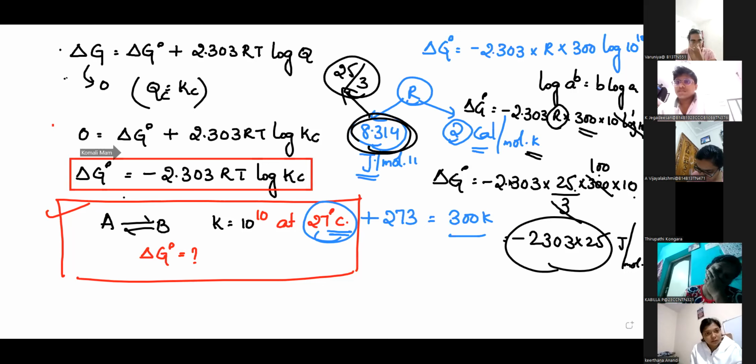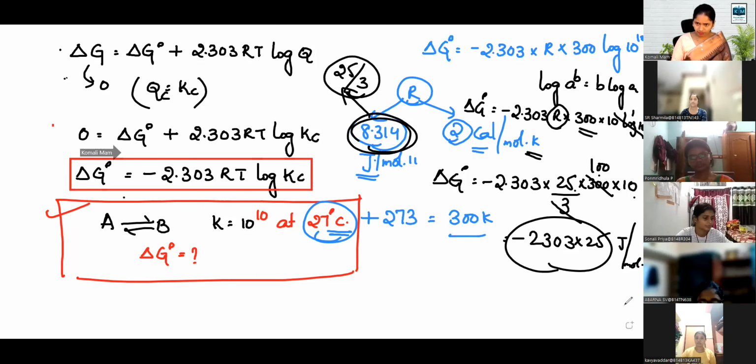Now moving on. This numerical also we have done already in the thermodynamics chapter, delta G formula and numerical. Fine, it is over. We have seen one formula.